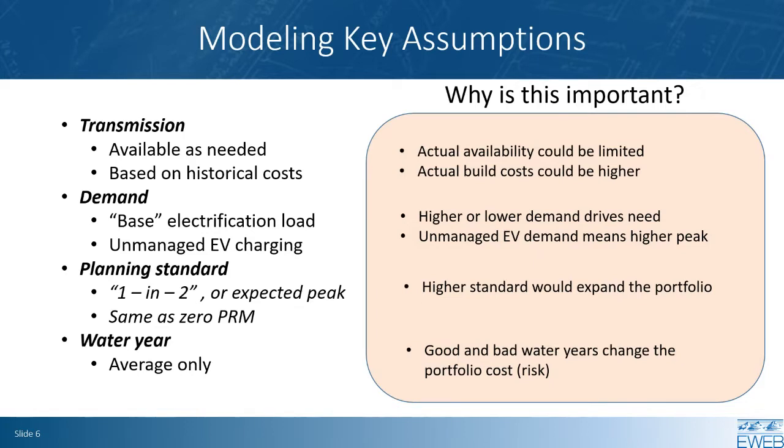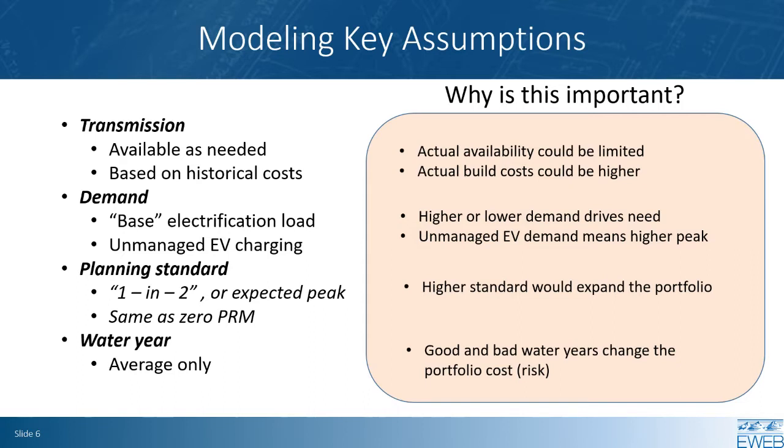The third assumption we're talking about tonight is called a planning standard. The planning standard is essentially a measure of how much reserve generation we're going to include in our portfolio so that we avoid going to market in those times that we need to have energy.